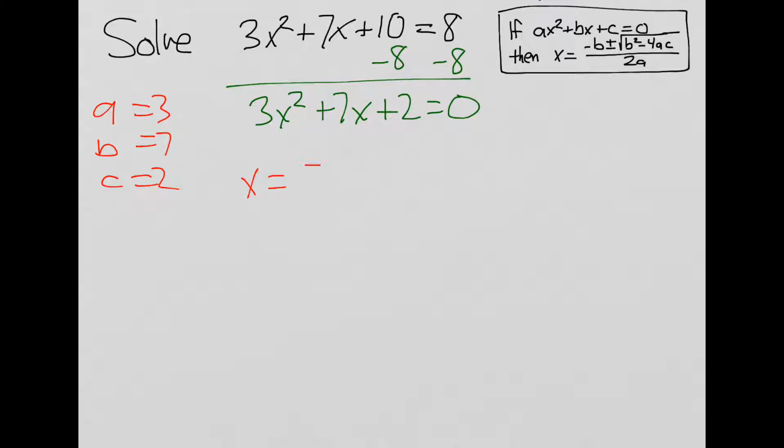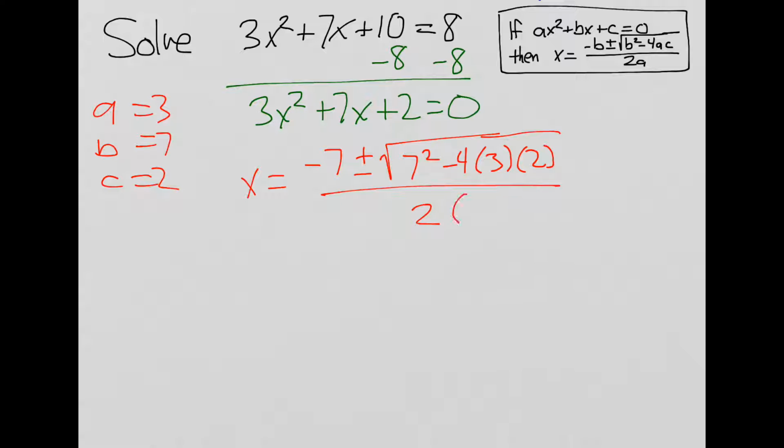X equals the opposite of 7 plus or minus the square root of 7 squared minus 4 times 3 times 2, all over 2 times 3. Now, if you're good enough with your calculator, you can plug that straight in, but it's not a bad idea, especially if you're somewhat iffy, to go through and take it in a few steps.